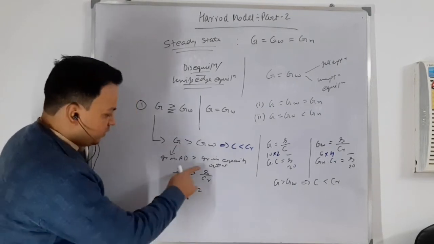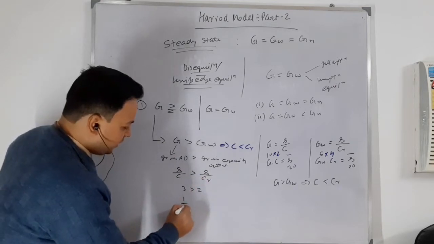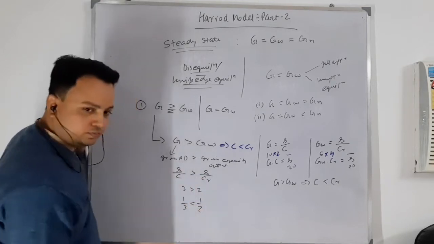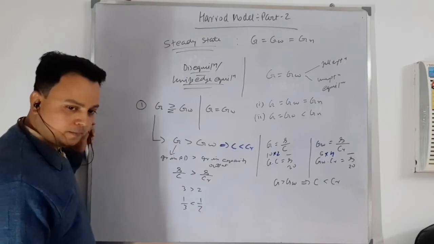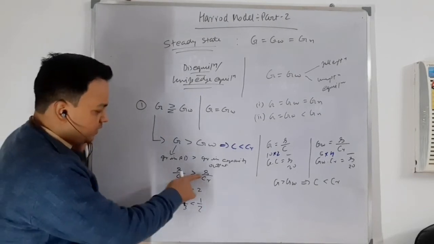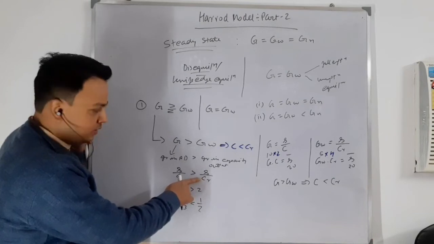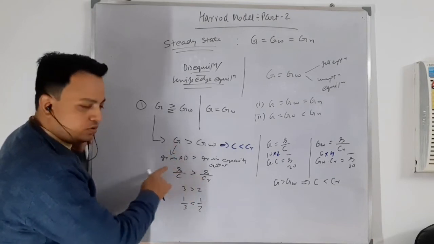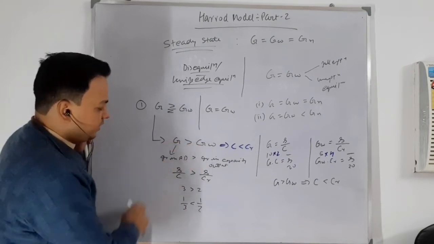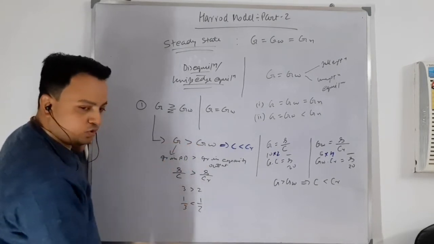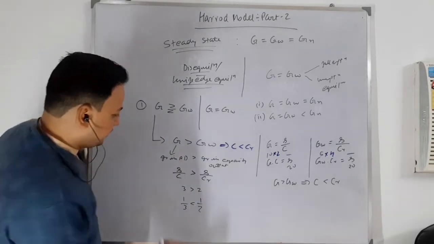This is the reciprocal part: 1 by 3 will be less than 1 by 2. Everyone agree? This is 1 over C, this is 1 over CR. This S is constant. You are looking at the reciprocal. If this is greater than this, then the reciprocal will have the opposite sign, the 1 over C part.